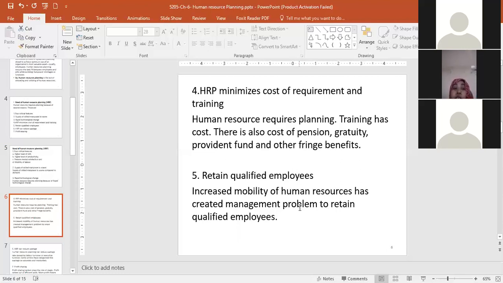And then the number 5 reason why we need human resource planning is to retain qualified employees. Increasing mobility of human resource has created management problems to retain qualified employees.